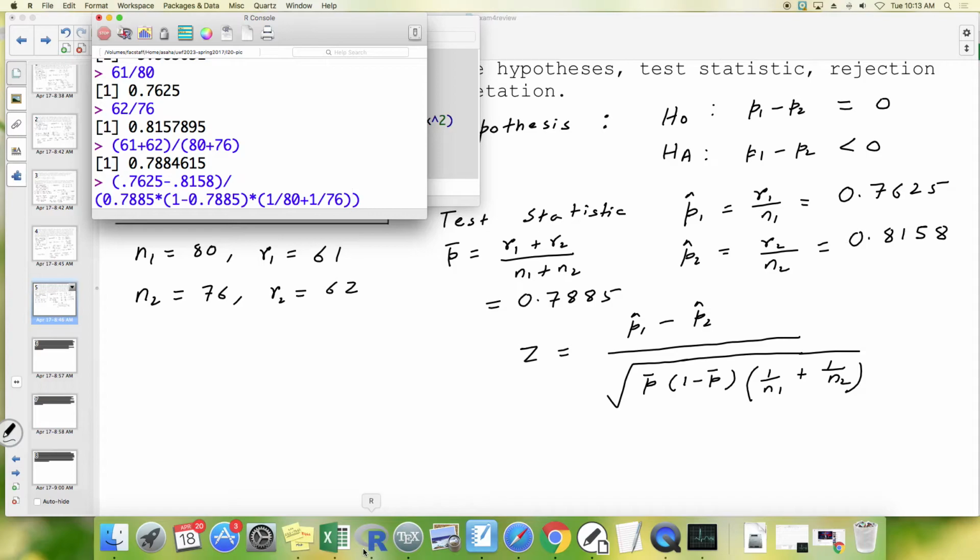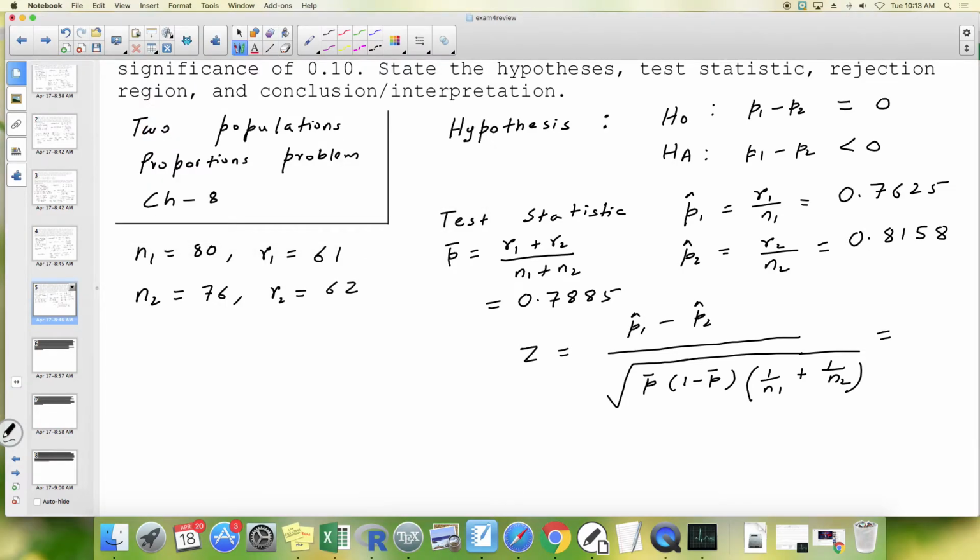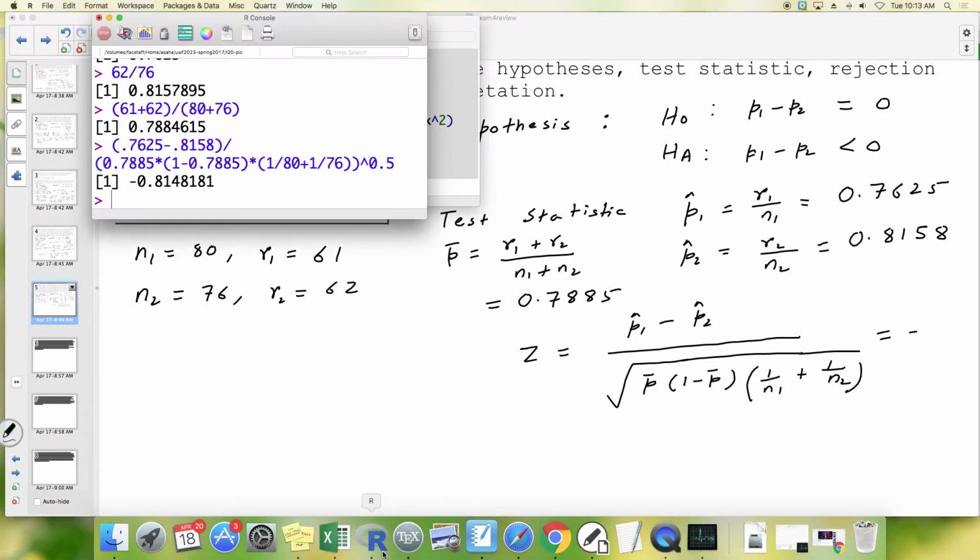Alright, so we just have to put the square root here. So it's minus 1.81. I'm sorry, it's minus 0.81.